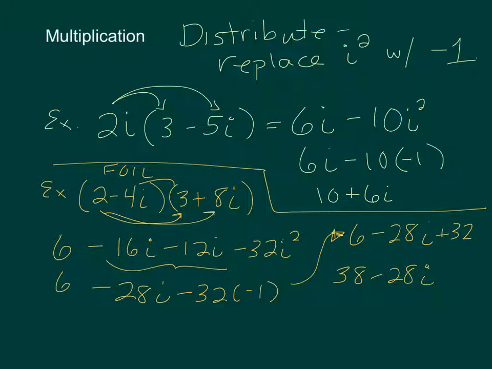And I should just mention that it is convention to write the real part before the imaginary part, so your i's will always be second. That's multiplication. We also want to think about powers of i. So when we look at powers of i, we know that i is just i, and we know that i squared is negative 1.